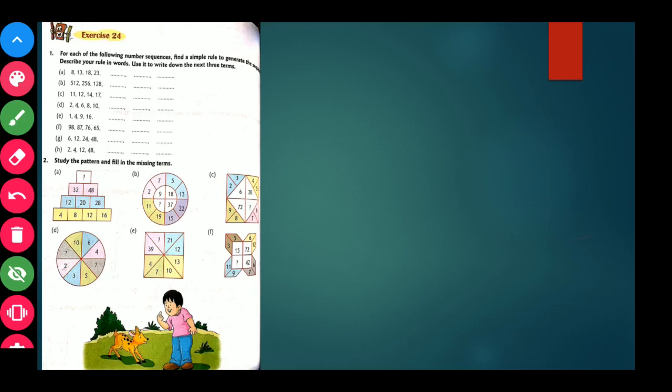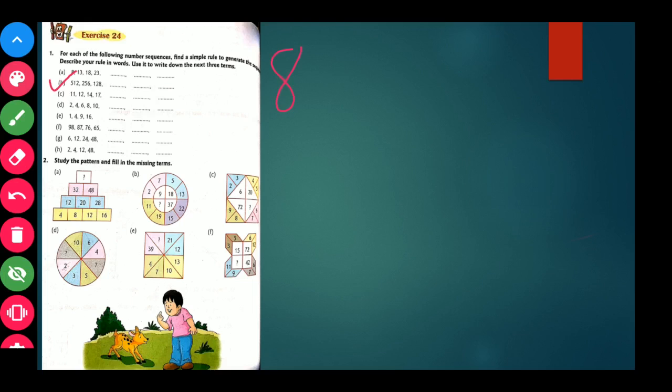So let us start with the first one, A part. 8, 13, 18, 23. After 8, 13 comes. Means after 8, the numbers are increasing. It means something is added here. So in 8, what we have added to get 13?